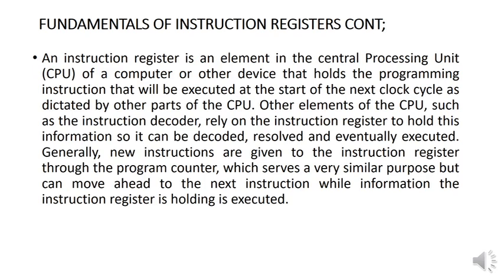An instruction register is an element in the central processing unit of a computer or other devices that holds the program instruction that can be executed at the start of the next clock cycle as dictated by other parts of the CPU.